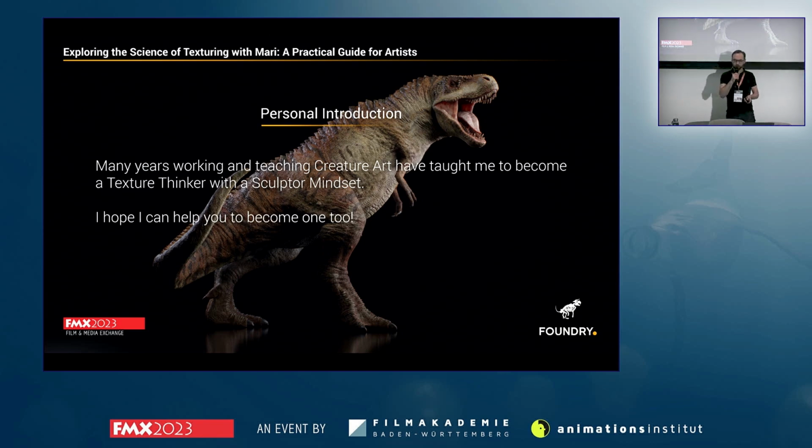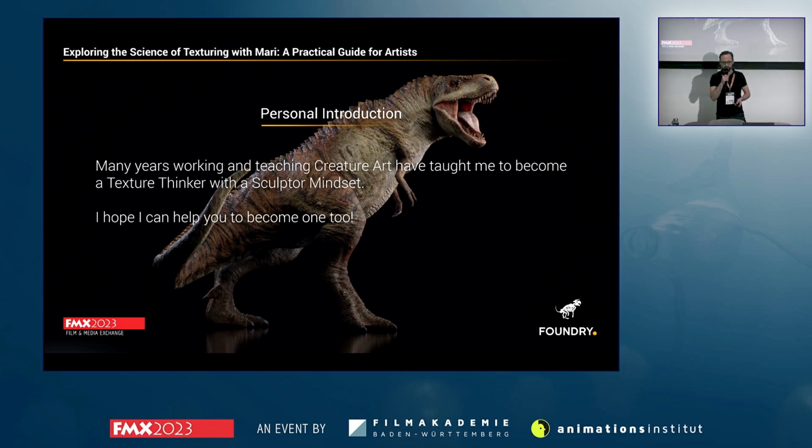Whenever I'm doing a model, I'm sculpting from the inside out, meaning I start by sculpting the skeleton, then I work on the écorché, sculpting the muscle, and then the fascia, the fat, and then the skin.